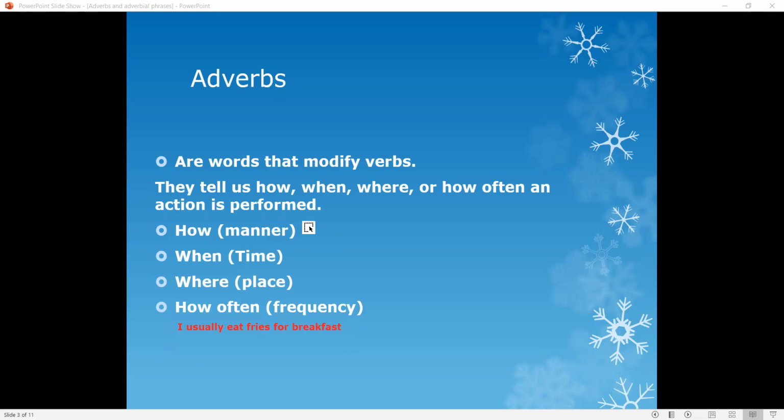Unlike the adverbs of manner, I run quickly. I don't say I quickly run. Again, the adverbs of manner, time, and place come after the verb, but the adverbs of how often usually come before the verb or at the very end of the sentence.